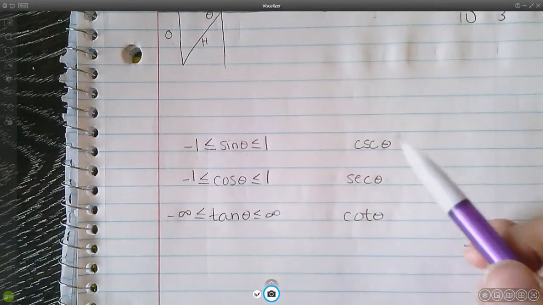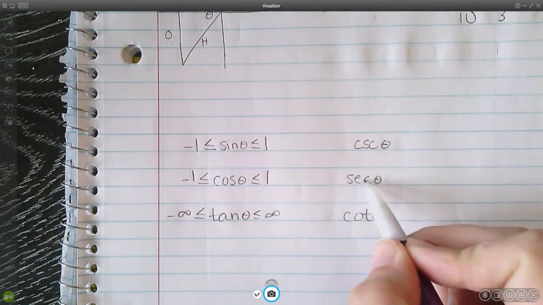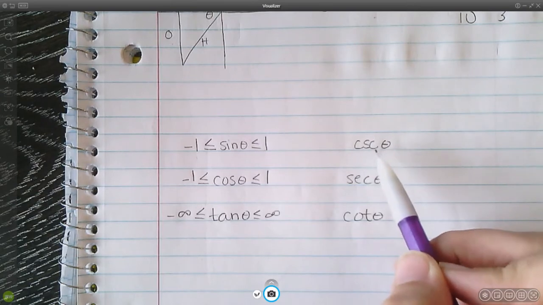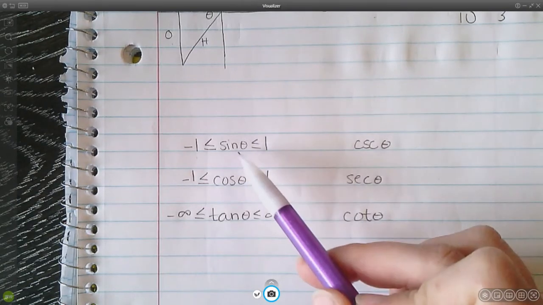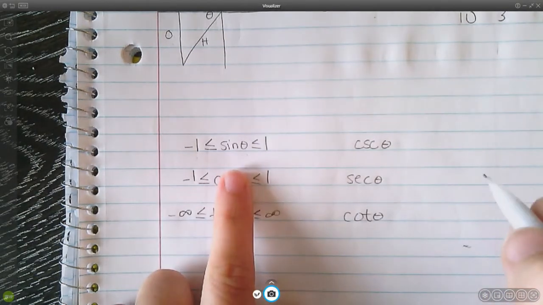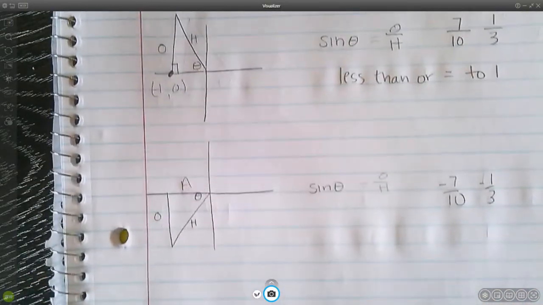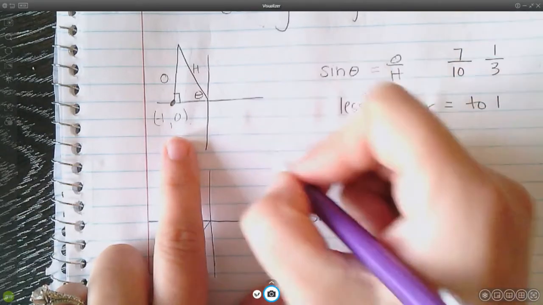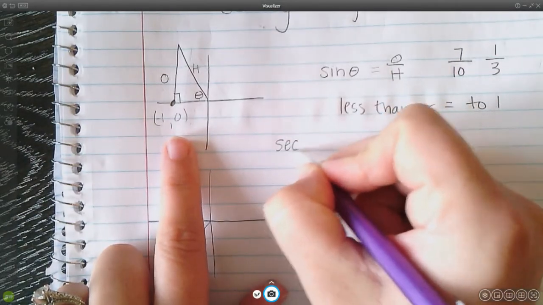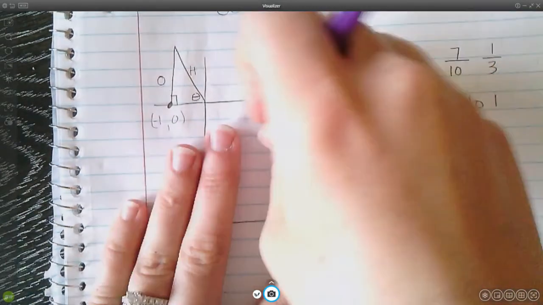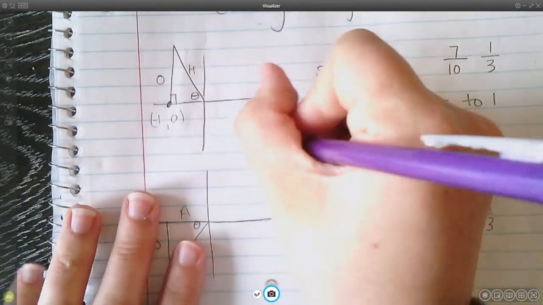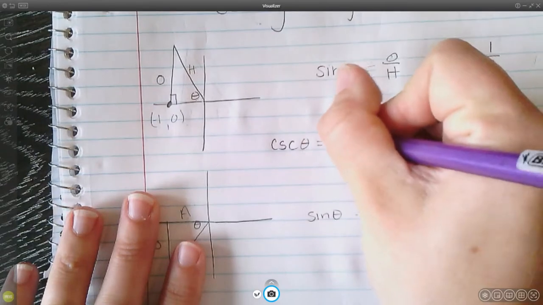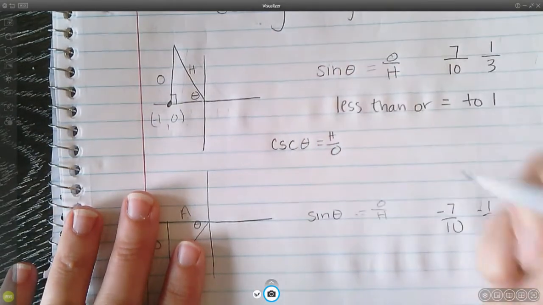Okay, so now we can look at cosecant, secant, and cotangent. So remember, cosecant is 1 over sine. So let's go back up to our picture quick. So we're going to write that. Cosecant of theta equals hypotenuse over opposite.